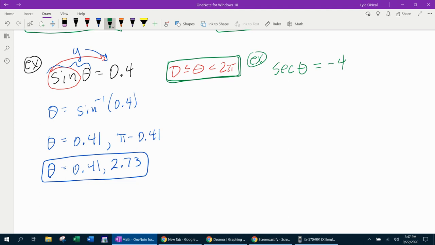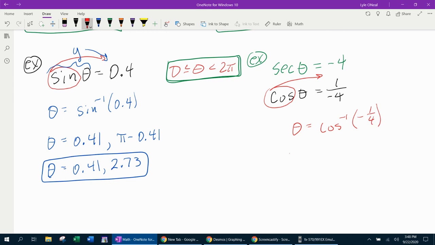And so the first thing that I want to do is convert that secant to cosine. That is using a reciprocal identity. The reciprocal of secant is cosine, which means I have to flip the other side. And then I'm going to bring the cosine through to the other side, which will make that inverse cosine of -1/4.